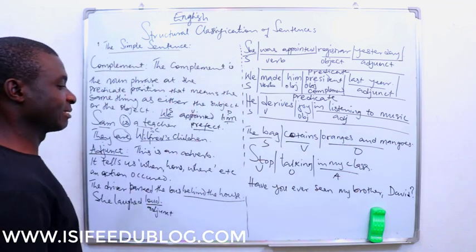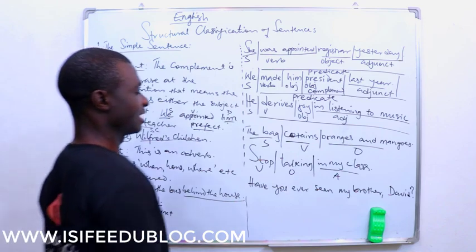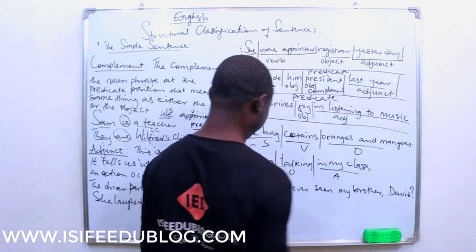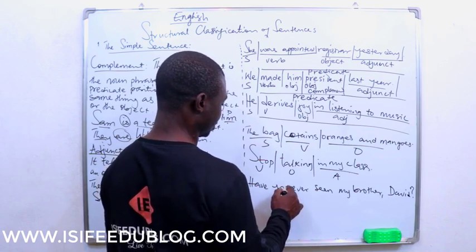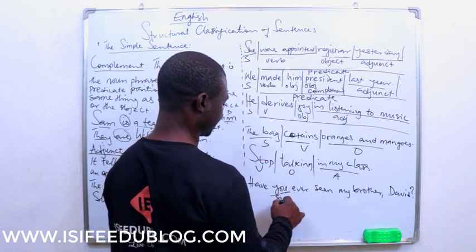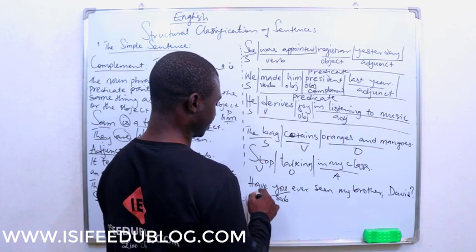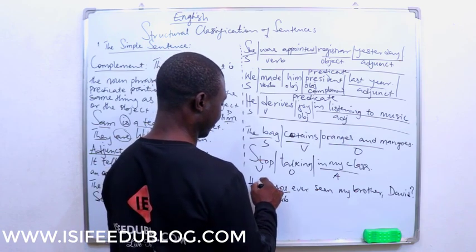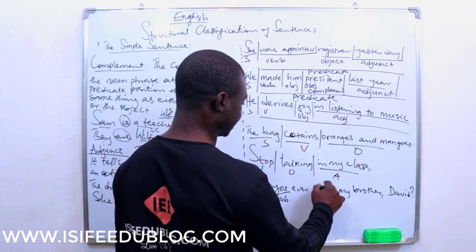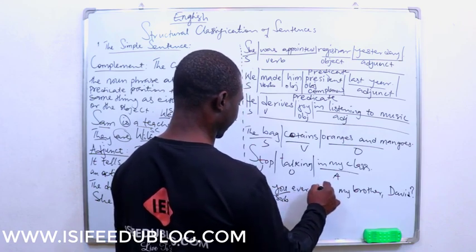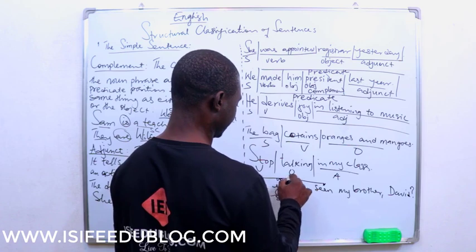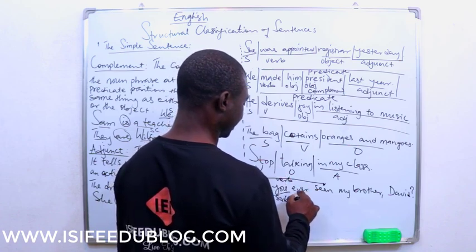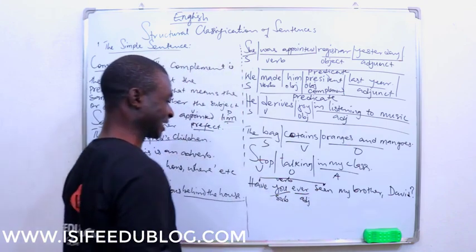Have you ever seen my brother David? Now, you is the subject. Have and seen are verb. Ever, adjunct. You see how complicated this one is?